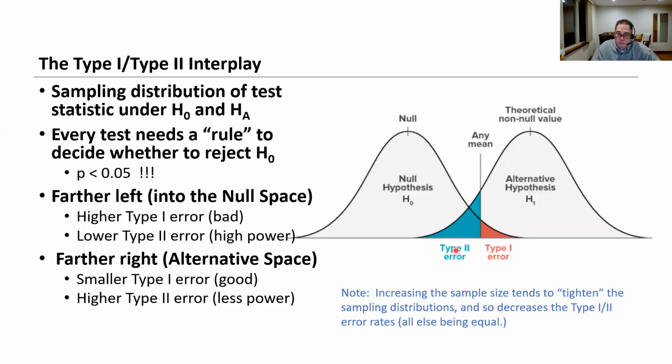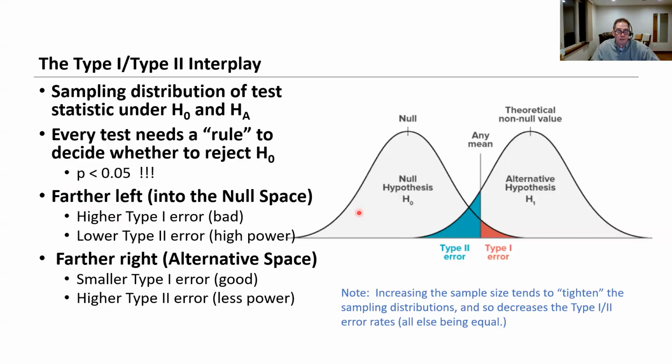And this has to do with how you set your sample size parameters, and how you derive what those parameters are supposed to be, right? Every test needs a rule to decide whether or not to reject the null hypothesis. You can have a p-value rule, p less than 0.05. That's fine. Whatever rule you decide to use, the same logic holds.